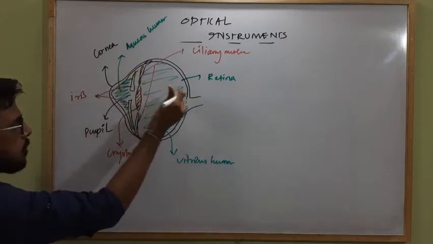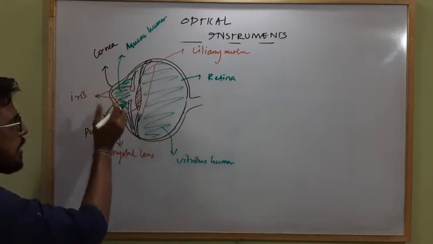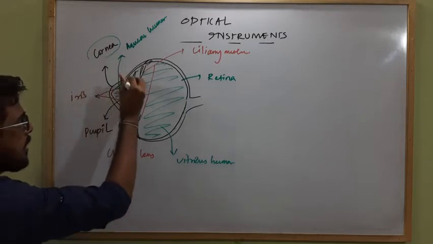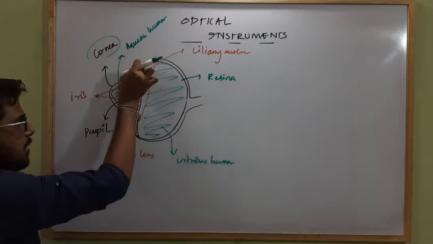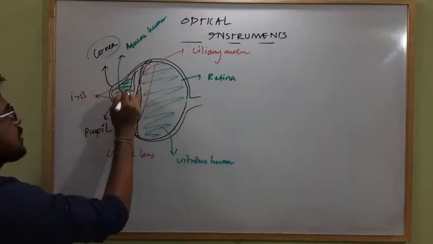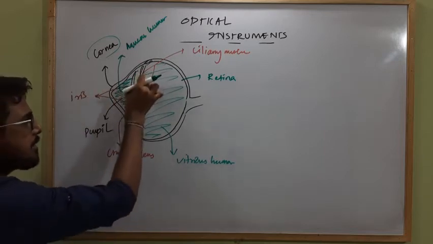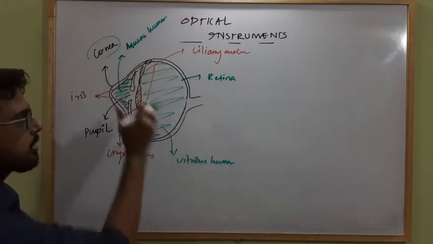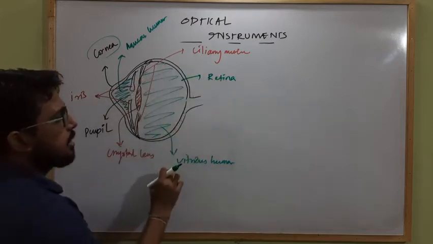The human eye is spherical in structure, and the front portion is slightly bulged, which is known as the cornea. Within the cornea there is a liquid-like substance known as aqueous humor, and then there is a small opening formed by a diaphragm-like structure known as the iris, and this small opening is the pupil. Behind it there is a crystalline lens attached to muscles known as ciliary muscles, and behind that there is also a liquid known as vitreous humor.